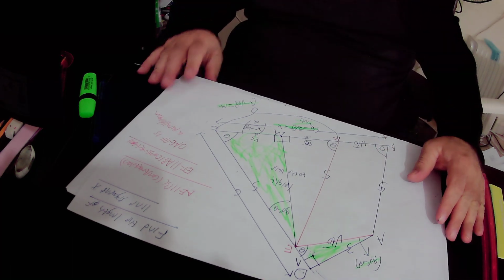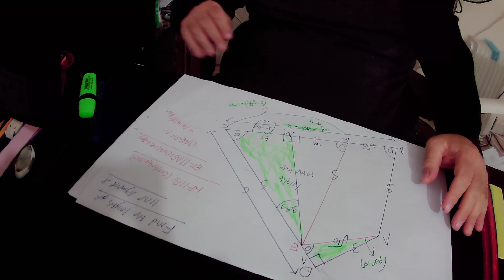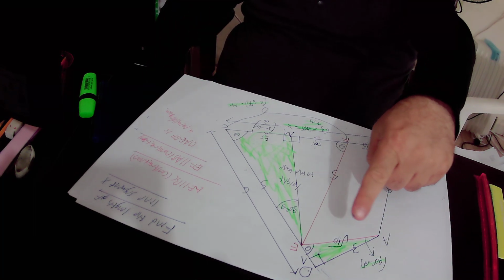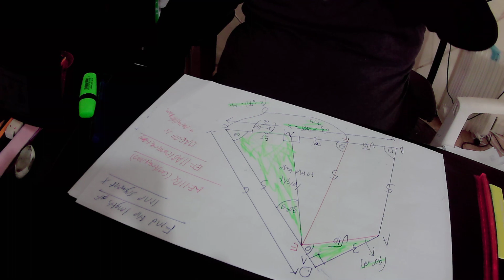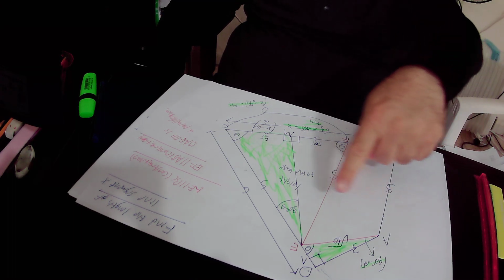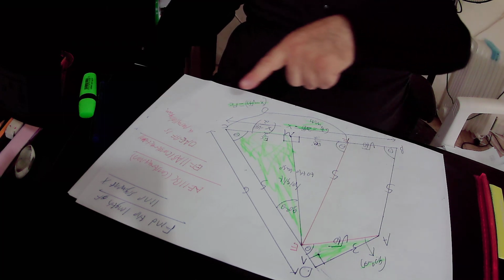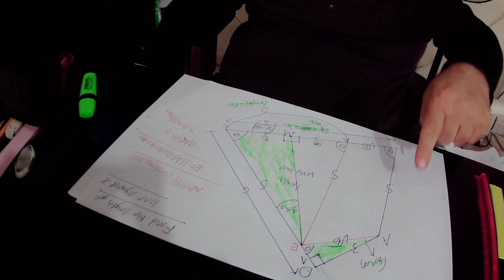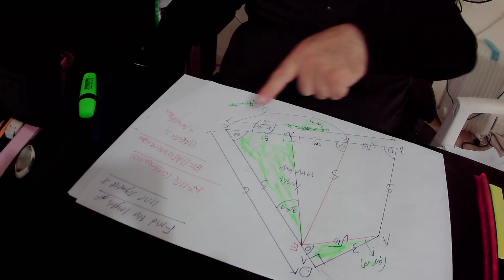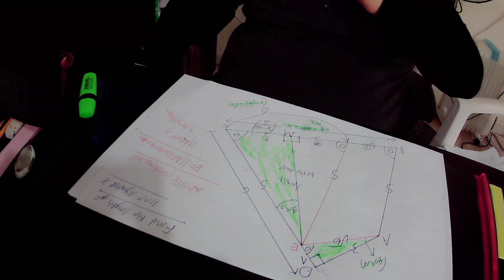From point A, we draw a straight line on DC in such a way that AE will be parallel to BC. I'll repeat again that AE is parallel to BC according to our construction.